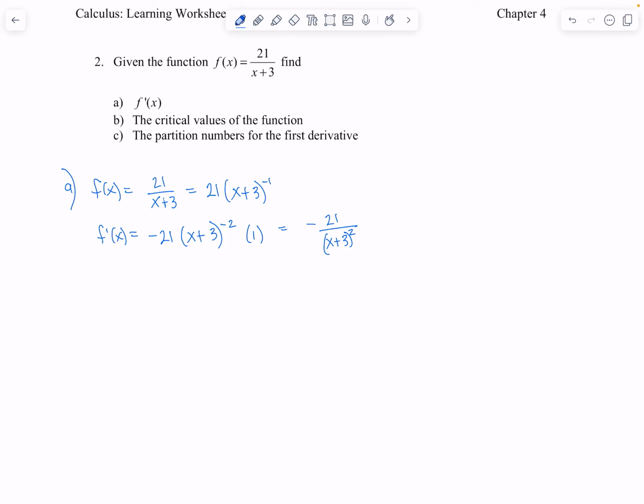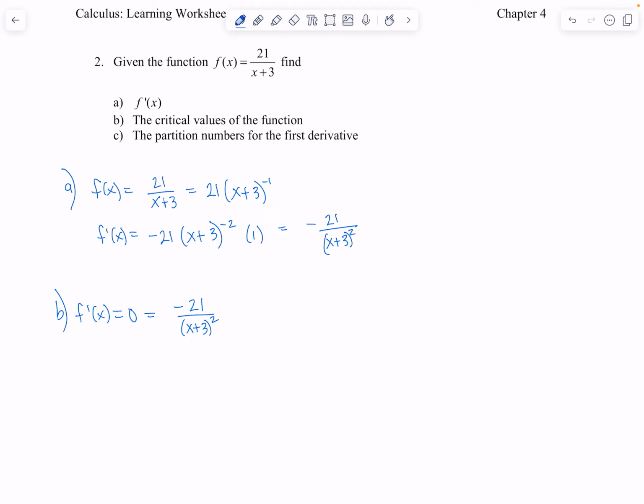Okay, the critical values are where f prime of x equals 0, and in order for our fraction to equal 0, the numerator has to equal 0.